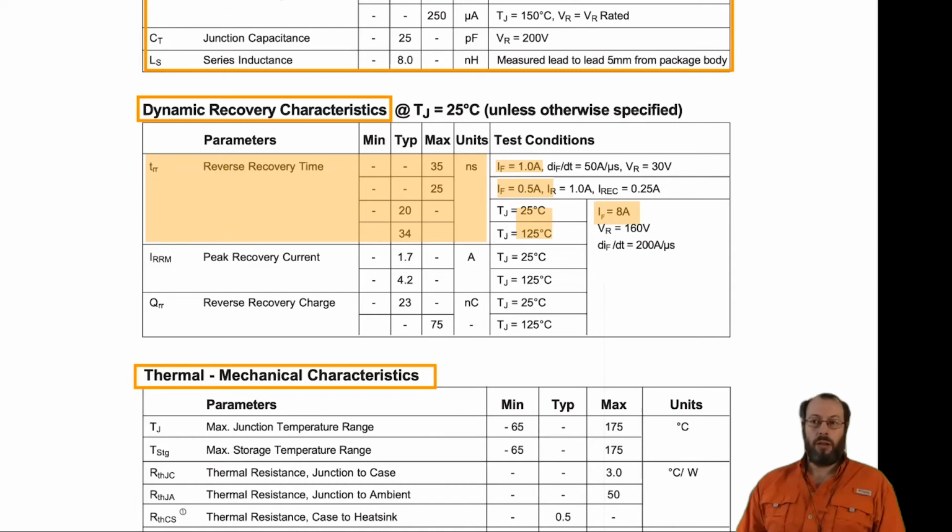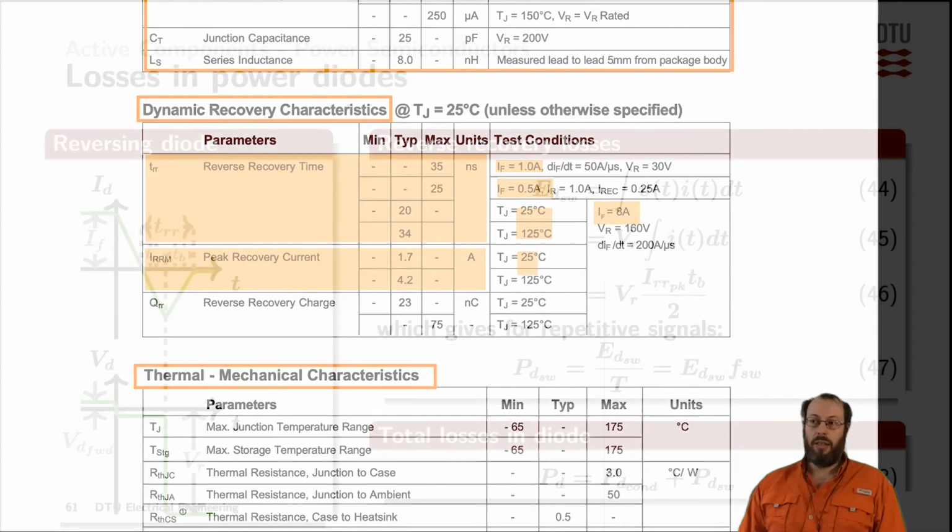One of the parameters that underlines the significance of that effect is that the amount of current for the given forward currents here is rather high and can even be around half of the maximum forward current the diode can conduct, as in this example with the 4.2 amps here, and at 1.7 amps, again, a highly temperature dependent effect.